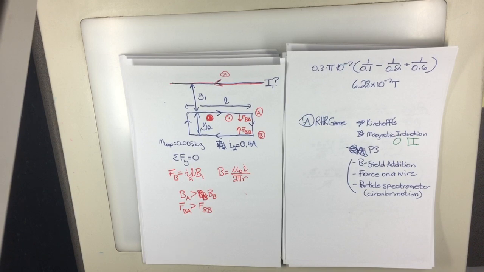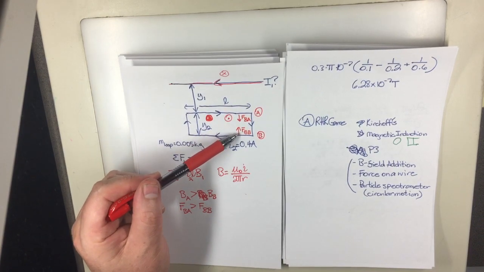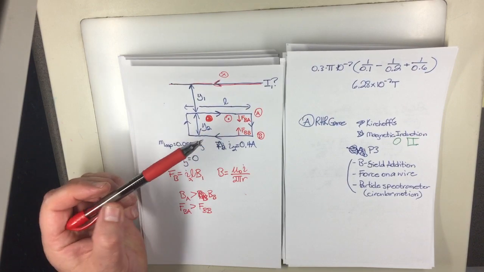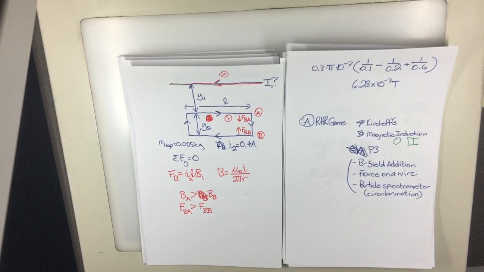Now we've already shown that the magnetic field at A is greater than the magnetic field at B, which means that that force must be greater than that force. So the way that it's set up has a natural tendency to fall down.